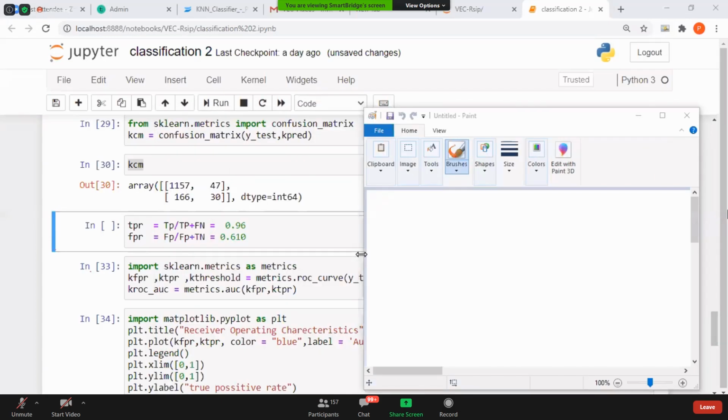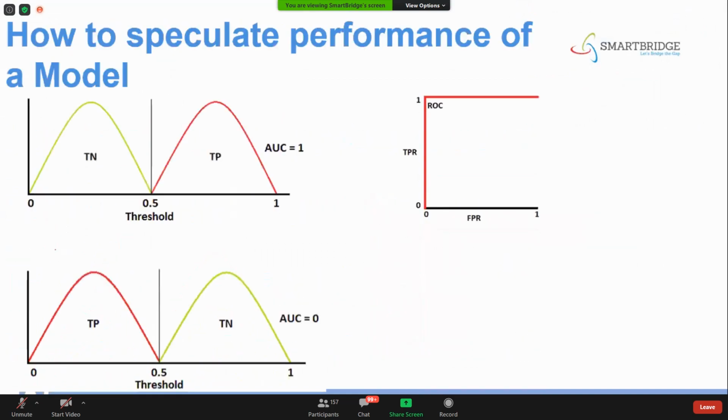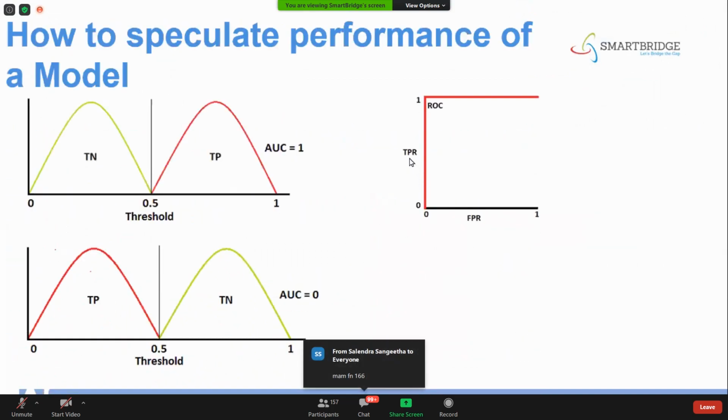Now let's plot the graph. So the AUC-ROC curve is plotted between FPR as well as TPR.